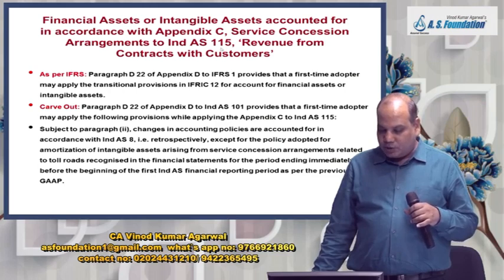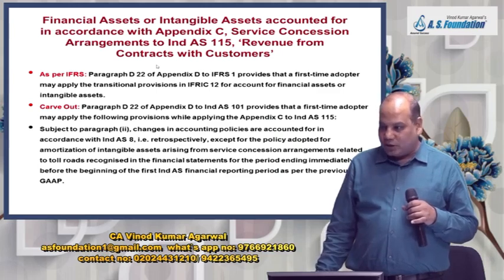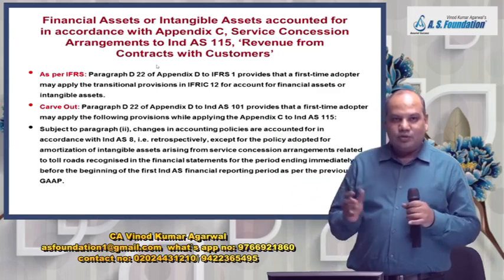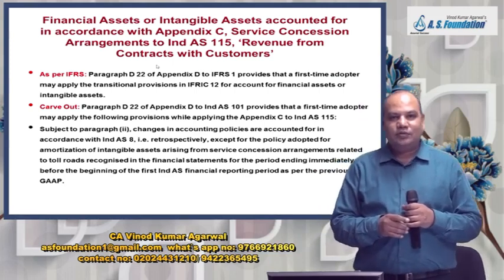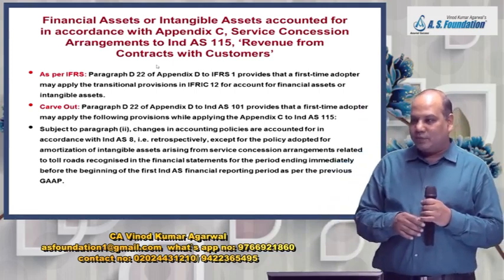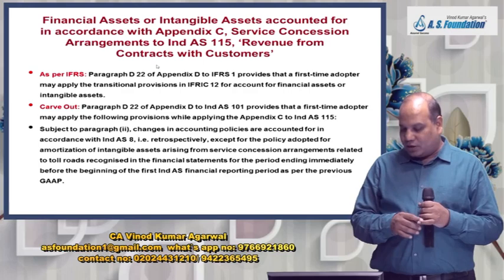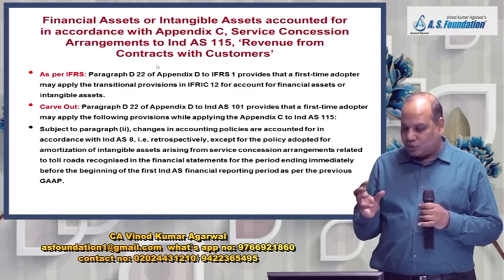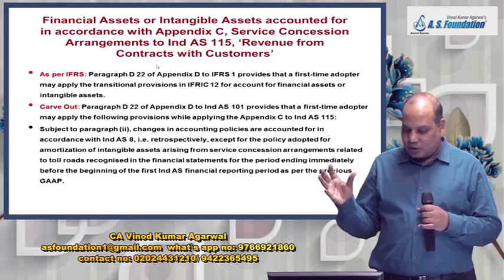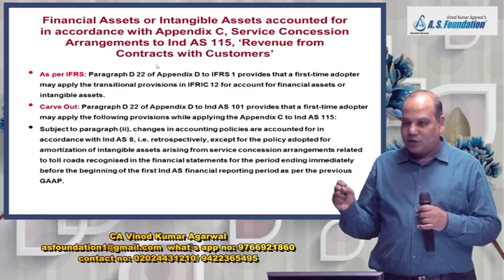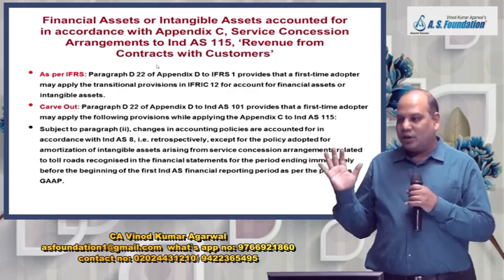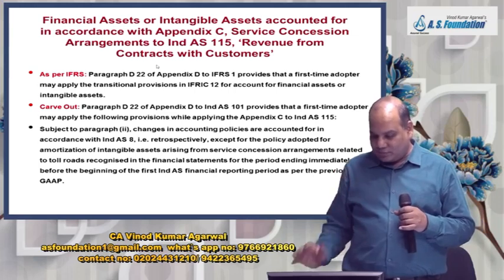It deals with public-private partnership arrangement, where there is a party called operator. He gets the right to construct or upgrade a public infrastructure, and then he can either disclose this public infrastructure as financial asset or intangible asset. Is it right?